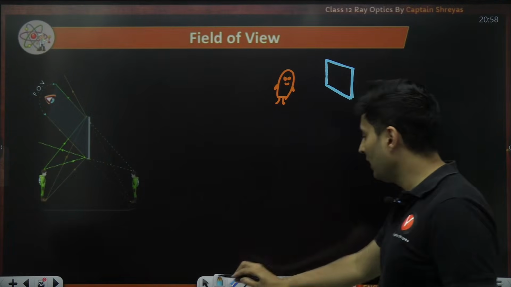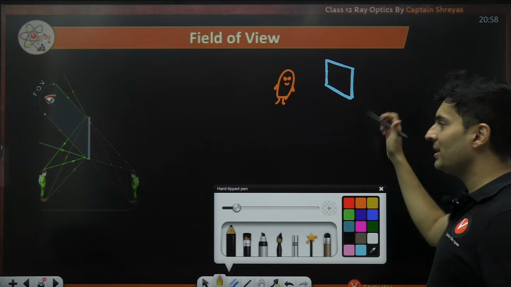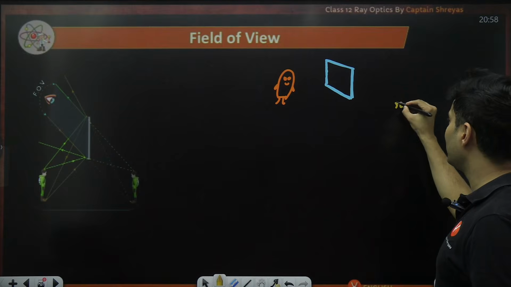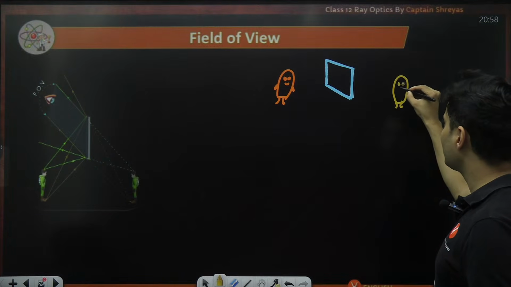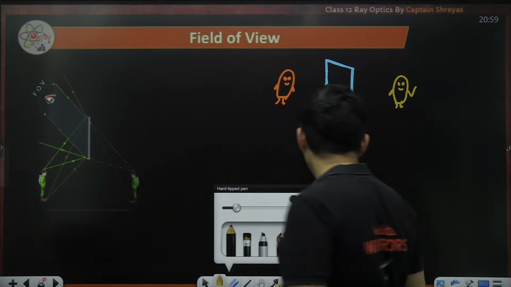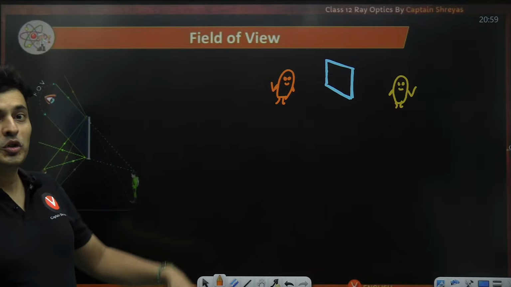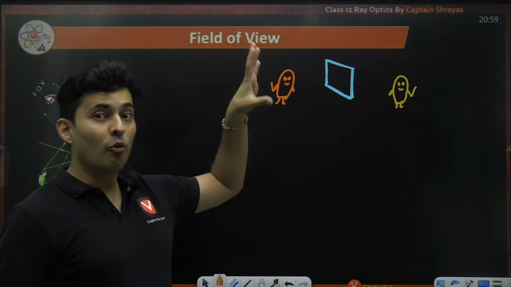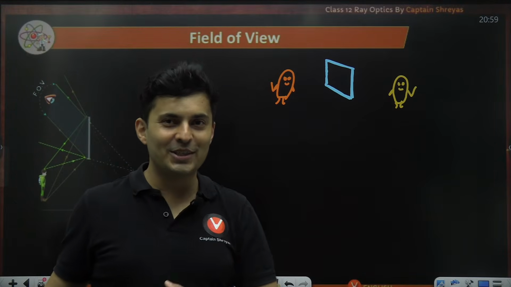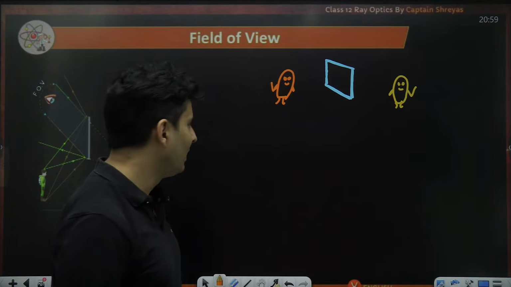And in that portal, he sees a new world which is identical to his. The only difference is that if there is a right-handed person here, that person is left-handed over there. So he sees a new world which is identical to his world, but which is mirrored or laterally inverted.